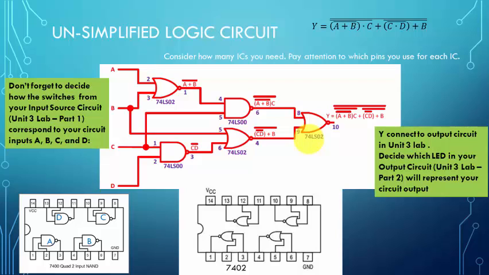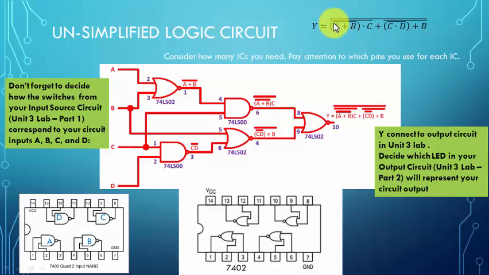So now let's see how to construct this circuit. This starts with the unsimplified one. So how to construct the unsimplified logic circuit on your proto board. Based on the expression here, you can see what gates we need.